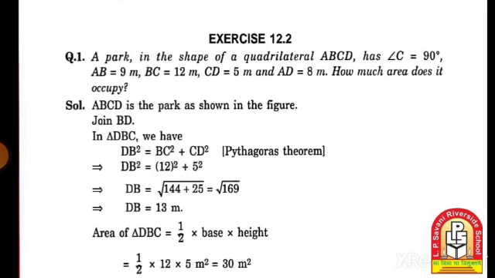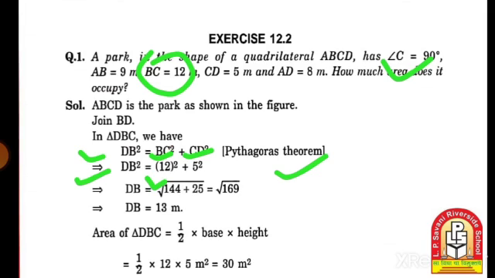we have DB square is equal to BC square plus CD square because of Pythagoras theorem. Here angle C is given as 90 degrees. Hence we use DB square is equal to BC square plus CD square. Then DB square is equal to BC square, BC here is 12, so 12 square.